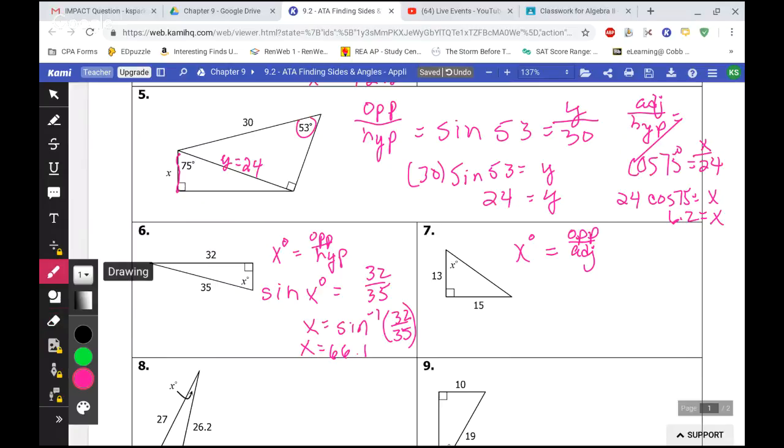Tan. Yep. Tan x equals 15 over 13. So x degrees is tan inverse 15 over 13.